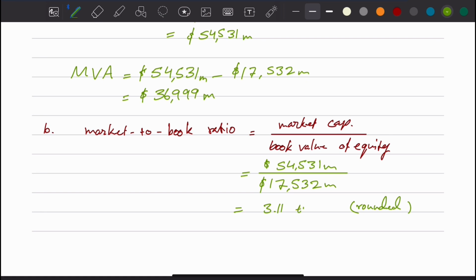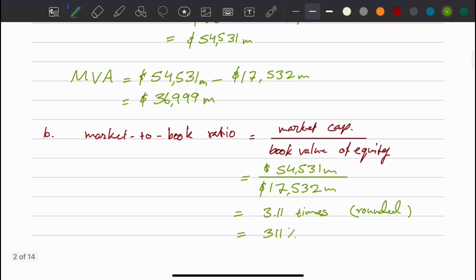Or you can transform it into a percentage. And 3.11, if you transform it into a percentage format, that would be 311 times. Okay, so that would be the answer to part B.